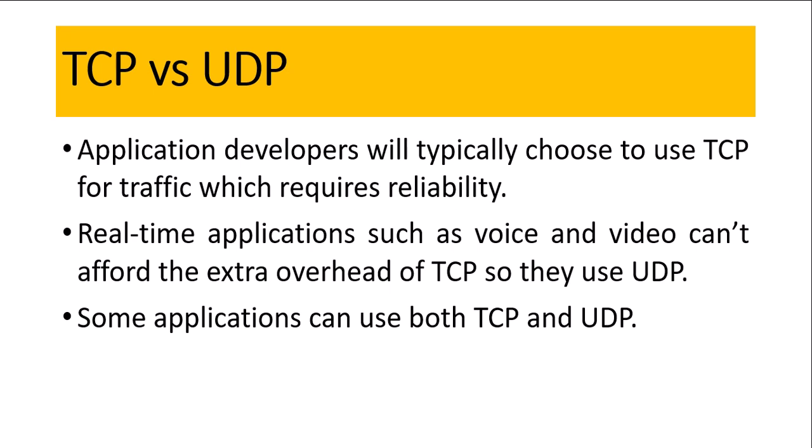TCP has many fields in its header, so it has extra overhead which is unavoidable in real-time traffic. So real-time applications do not use TCP, but they use UDP.